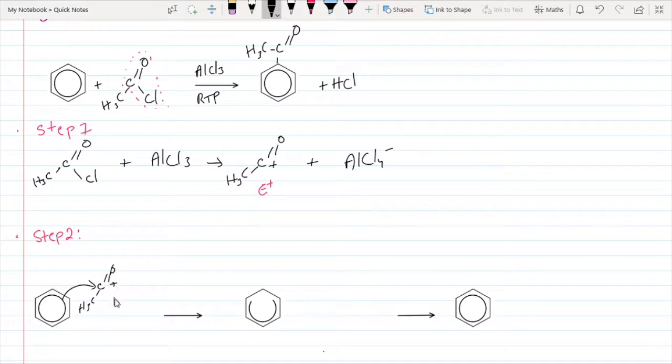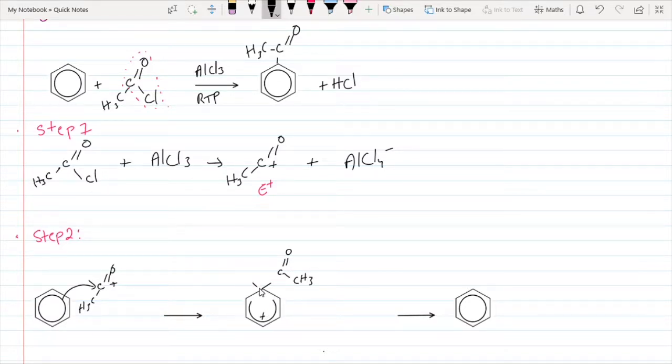There's a plus charge over here as well, and now this electrophile will form a dative covalent bond with our benzene ring, and it would disrupt the structure of the ring. So now the ring is disrupted, and it's represented by a horseshoe shape, which again needs to cover 5 carbons, and it has a plus charge.